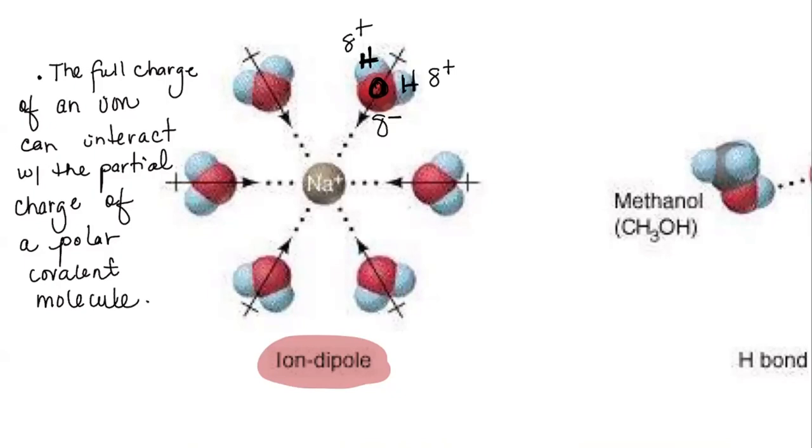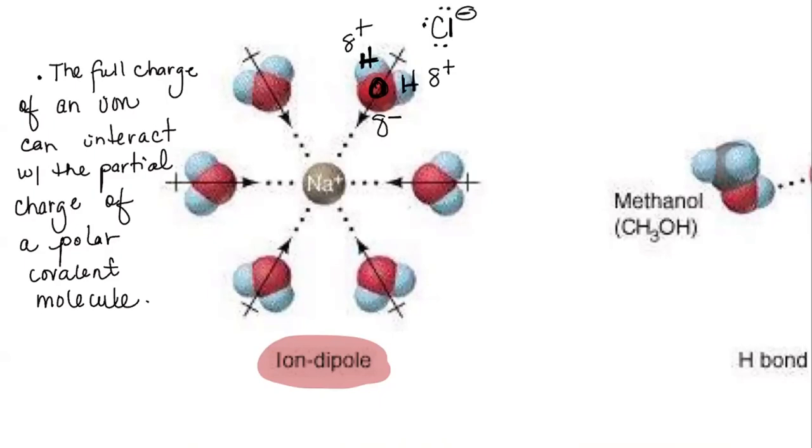As you can see here, the cation in, let's say, sodium chloride, table salt, is going to be interacting via ion-dipole attractions with the oxygen in water. Even though it's not illustrated here, we can envision that a similar interaction can happen with the chloride ion.